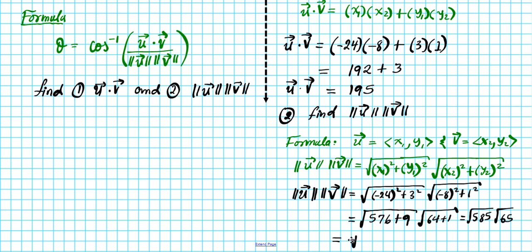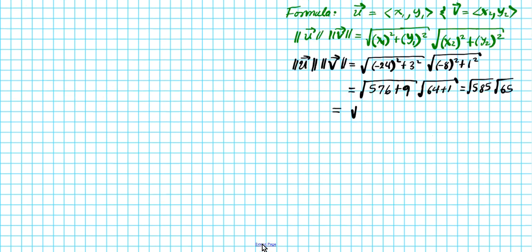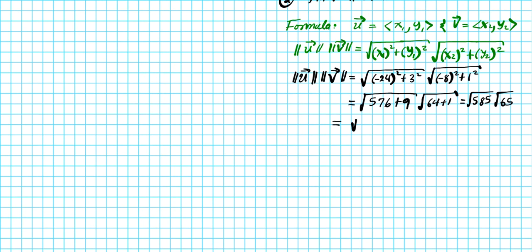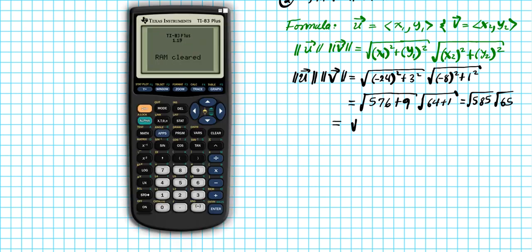Let's go ahead and calculate what that product is. So we're looking at the square root of 585 times the square root of 65. And we get 195. Okay?